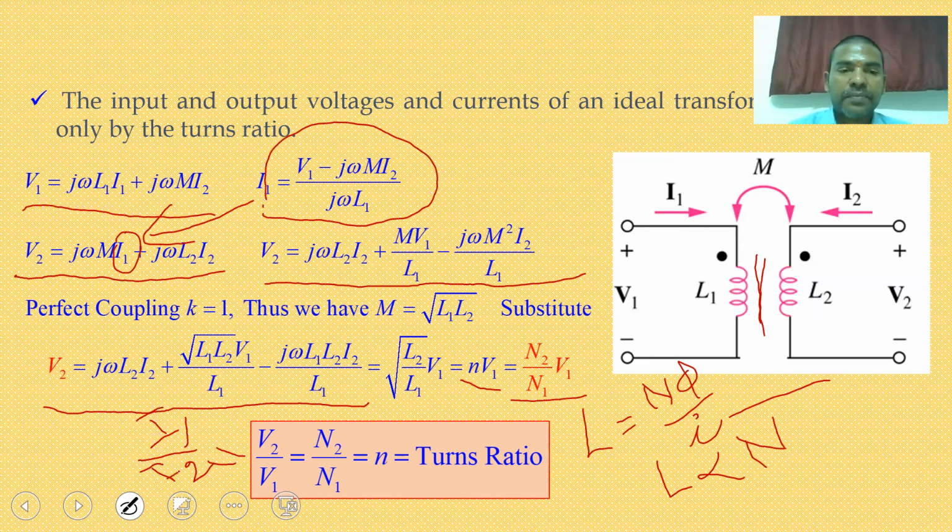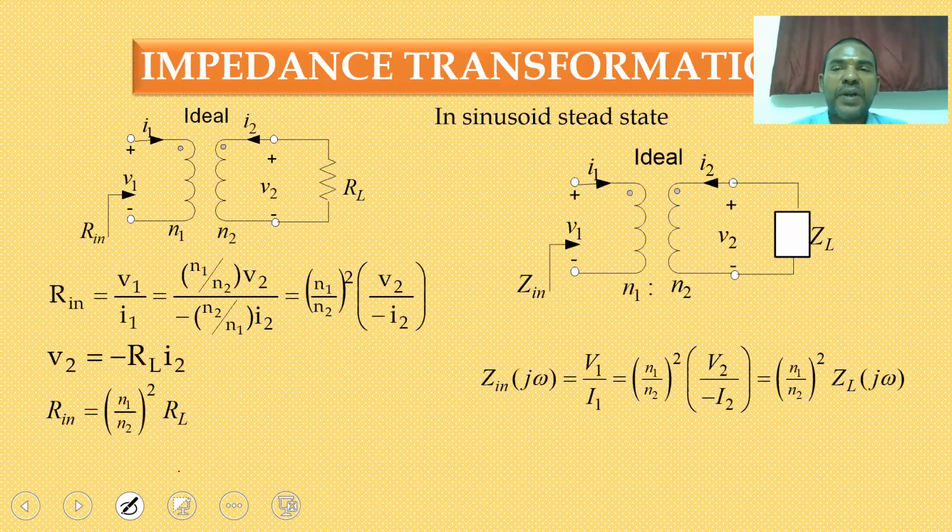So now coming to the impedance transformation. Whenever any load is connected, you are representing the input resistance value with respect to the output or load resistance. To understand this, the resistance is measured from the primary side.